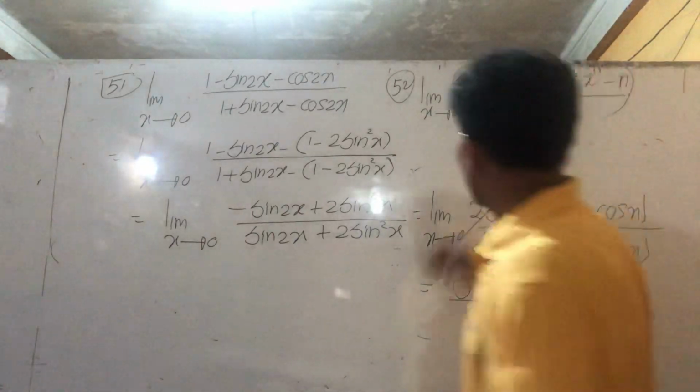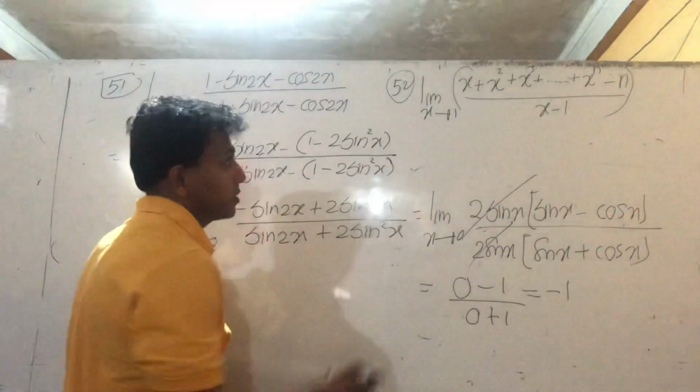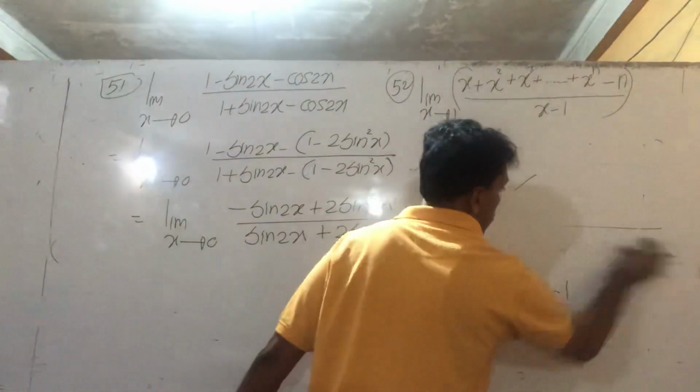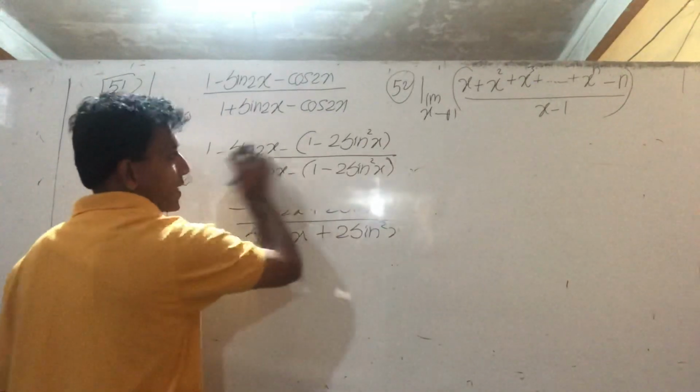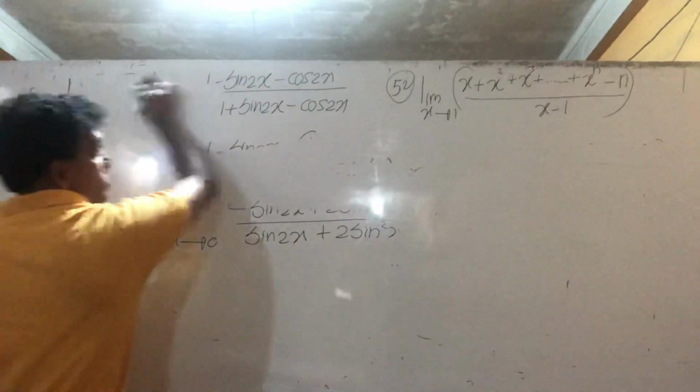This is the question. Find the limit answer when x approaches 1. When x tends to 1, what is the answer?